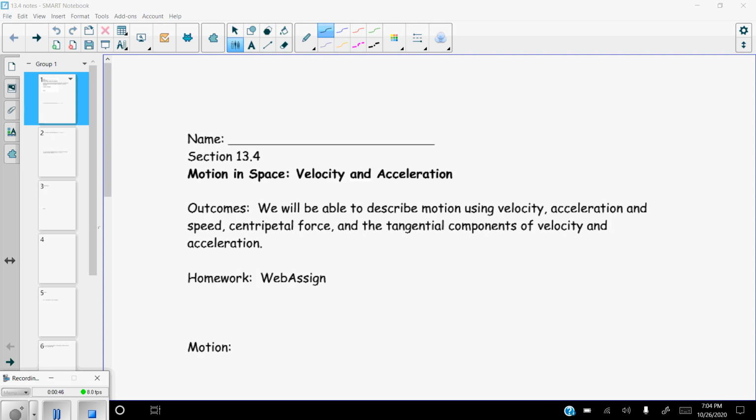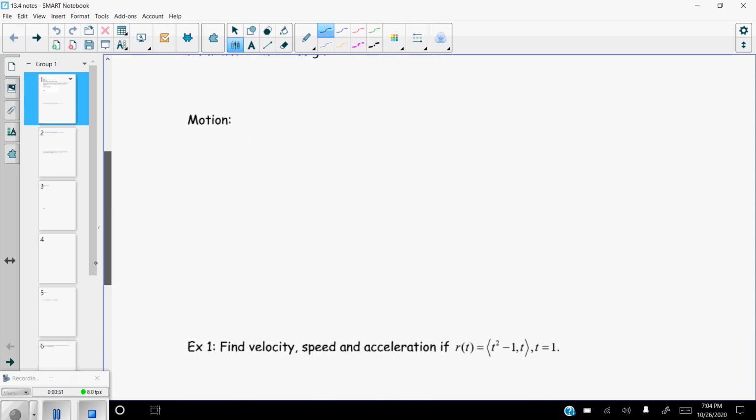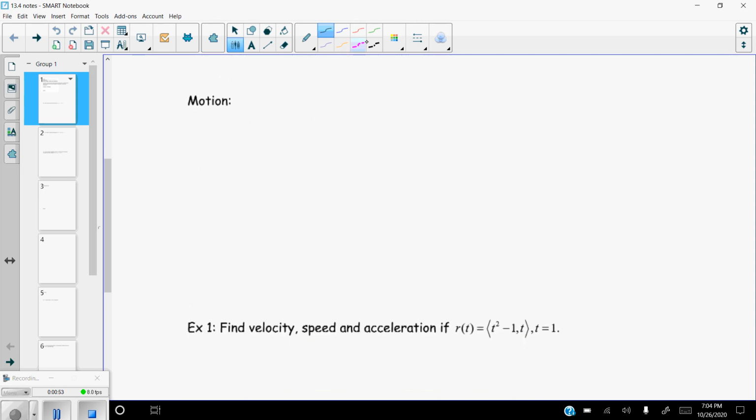So again, we are talking about motion, which is going to be position, R of t, velocity, V of t, and acceleration, A of t.